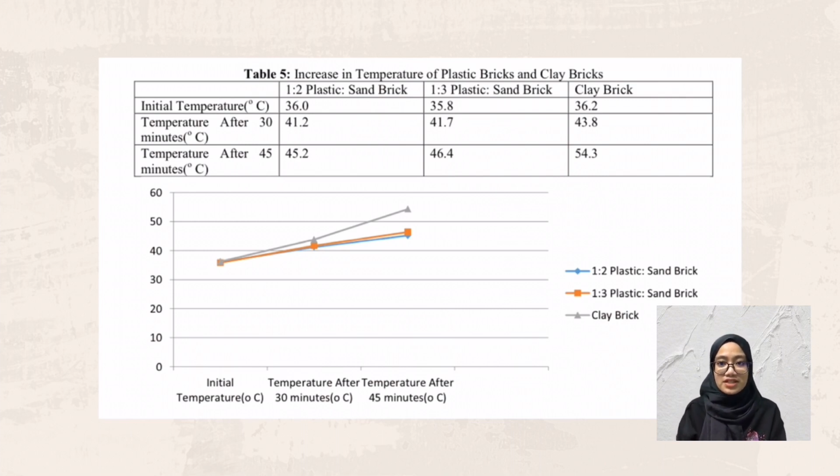After 30 minutes, we can see that the clay brick temperature increased higher than the other two specimens. And after 45 minutes, we can see that the clay brick temperature increased rapidly: the temperature of the clay brick after 45 minutes is 54.3 degrees Celsius, and for the other two specimens, the 1:2 plastic sand brick is 45.2 and the 1:3 plastic sand brick is 46.4 degrees Celsius.